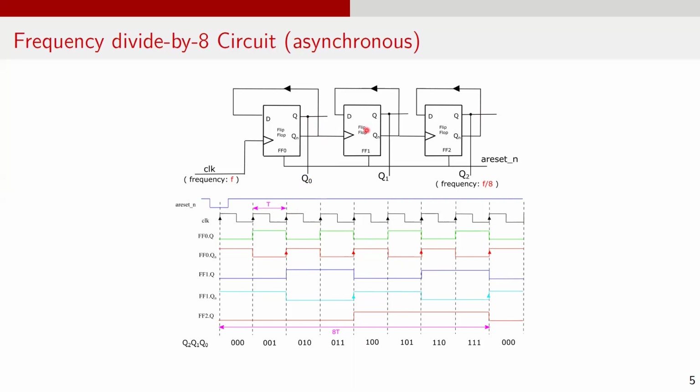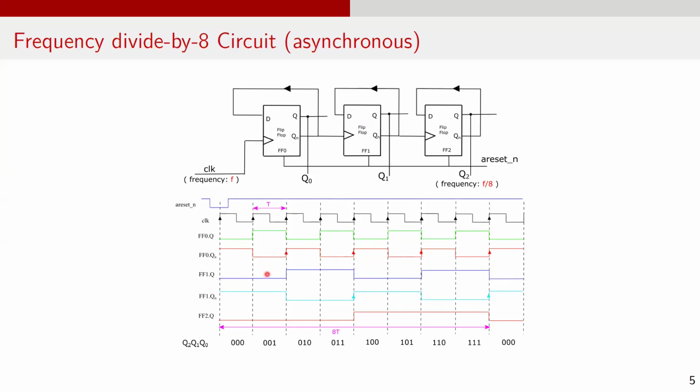FF1 further divides the output FF0Q and generates output FF1Q that is of frequency f over 4. FF2 receives the signal FF1QN of frequency f over 4 at its clock input and toggles output Q on every active edge of the clock input, producing a signal of f over 8 at FF2Q.